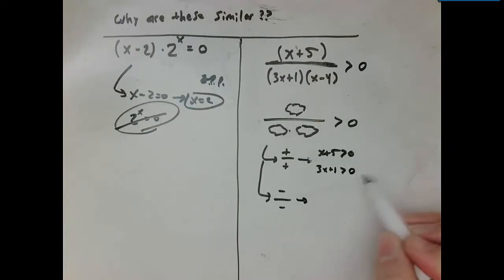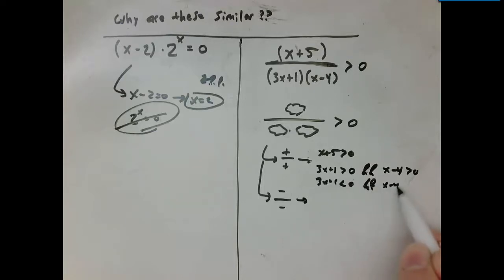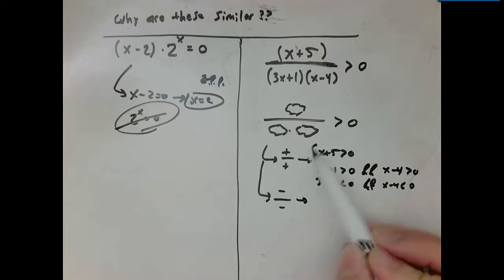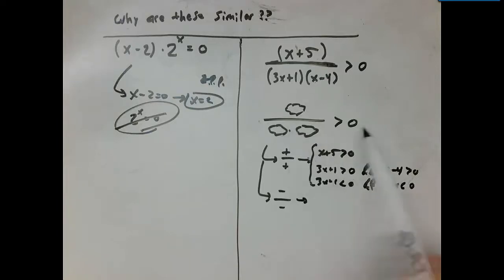So this is true and x minus 4 is bigger than 0, or 3x plus 1 is less than 0 and x minus 4 is less than 0. So as long as all of those things are true, you know that you'll have a positive number for a positive number. The whole thing will be positive.